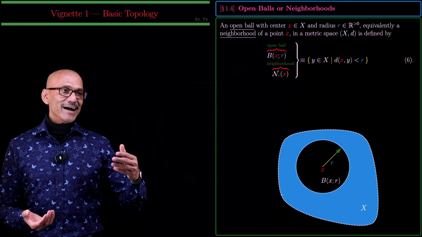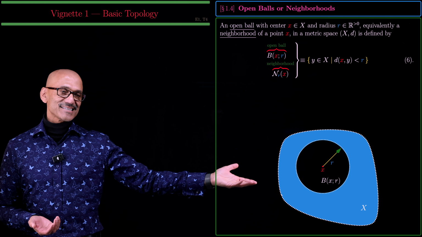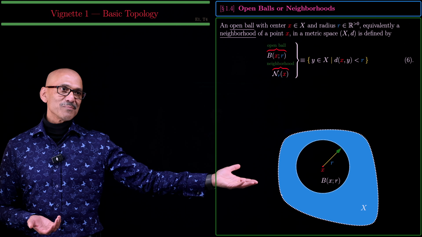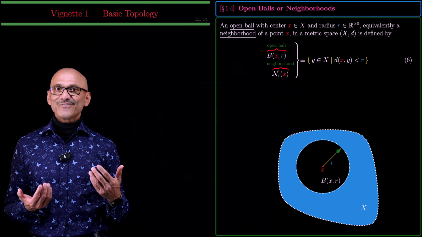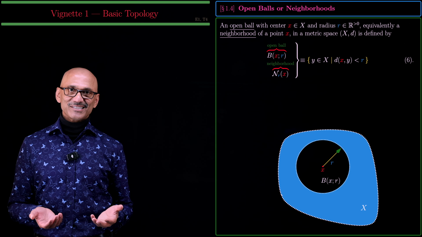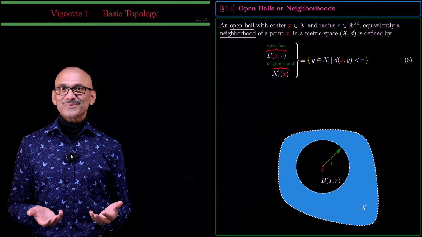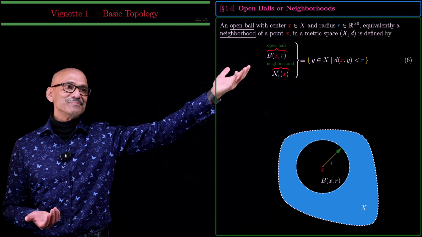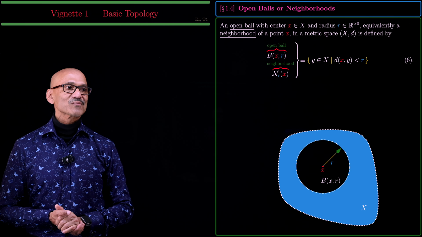Note that while I have represented metric space X as a subset of the plane, you should think of X as an abstract set, but not too abstract, since we have already given it some structure by associating metric D with it.